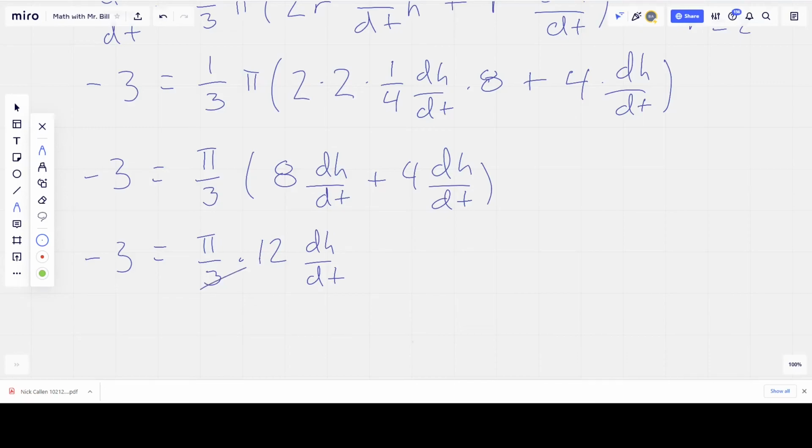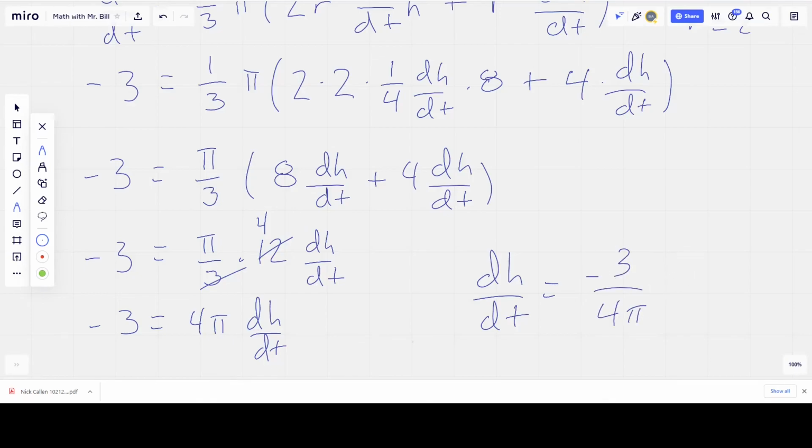So the 3 and the 12 reduce. So we get -3 is equal to 4 pi dh dt. And if we divide both sides by 4 pi, we get that dh dt is equal to -3 over 4 pi, and the units will be inches per second.